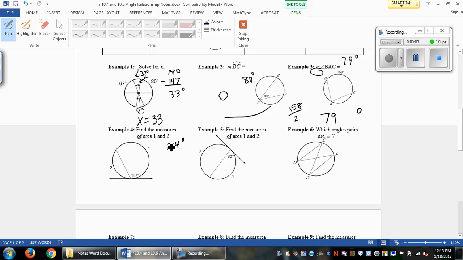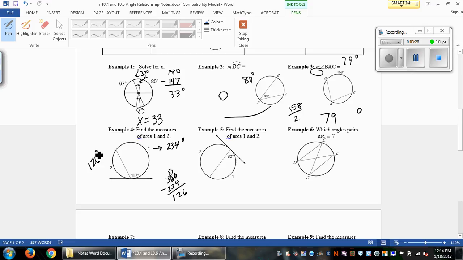So that is the measure of 1. And since we know that a circle is 360 degrees, if we subtract 234 from 360, we get our arc 2. Okay, here we go, 126. So that would make angle 2 126 degrees.